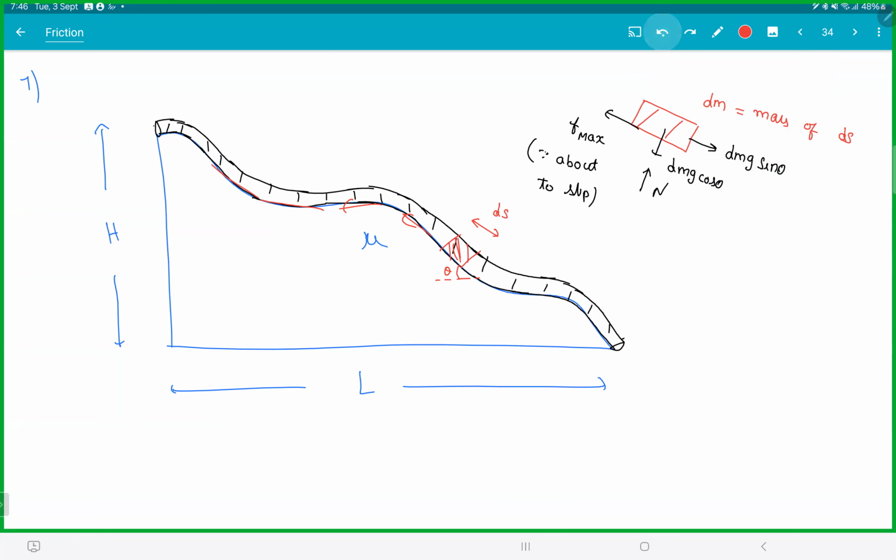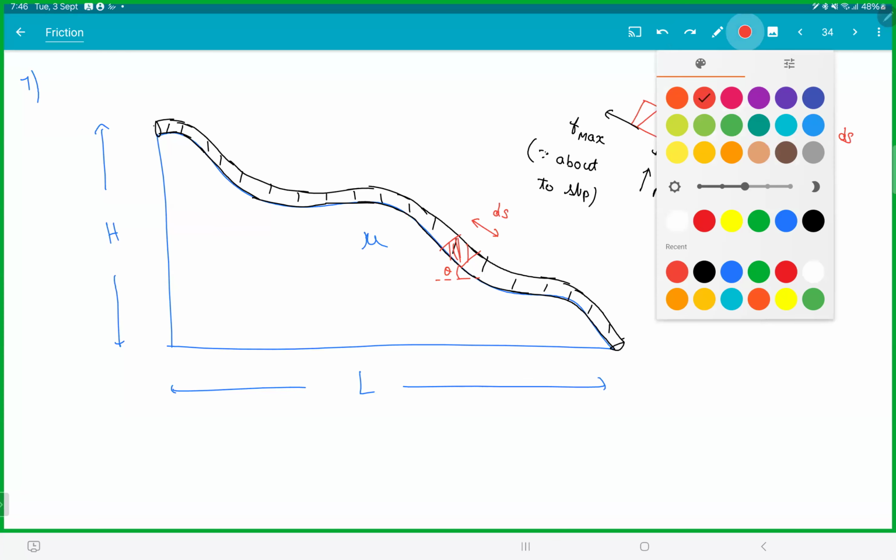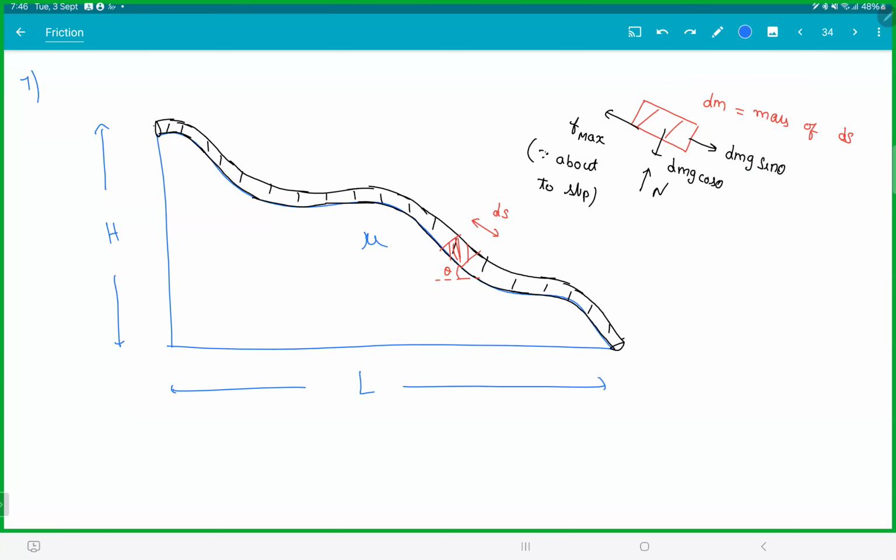That means all the frictions on all these pieces must be balancing all the mg's on these pieces.